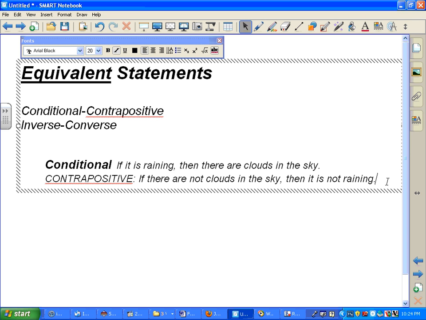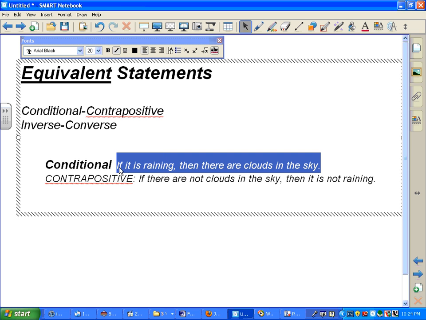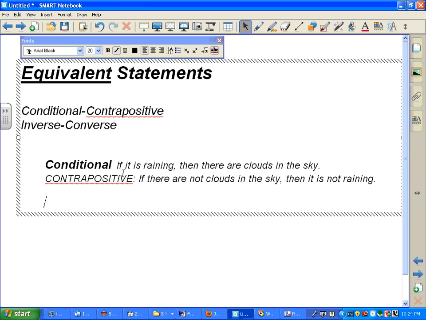Now let's try converse and inverse. The converse, now here's another thing that people get confused on. When you're writing the converse, you go back to the original conditional every time. So the converse of if it is raining, then there are clouds in the sky is, if there are clouds in the sky, then it is raining.